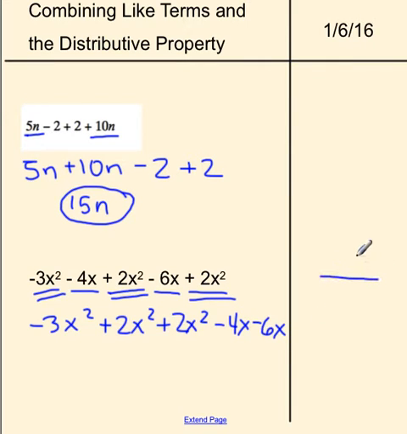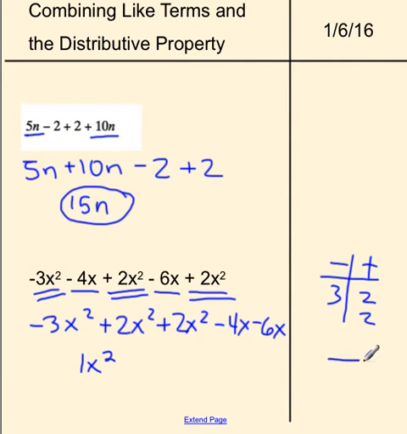So I've got my negatives and my positives, and I just want to keep track of them. So the 3 is on the negative side, and the 2's are both on the positive side for these x squared terms. So that's 4 positives, 3 negatives, which leaves me with a positive x squared. So I could write that as 1x squared.